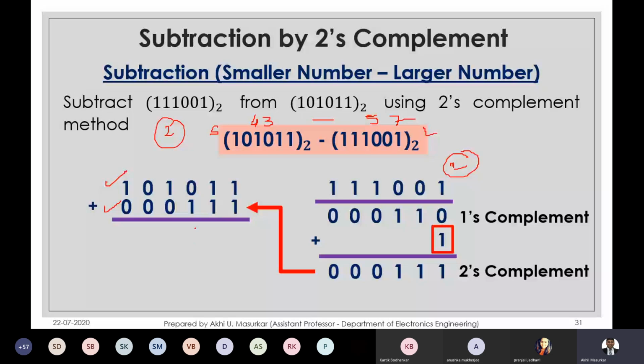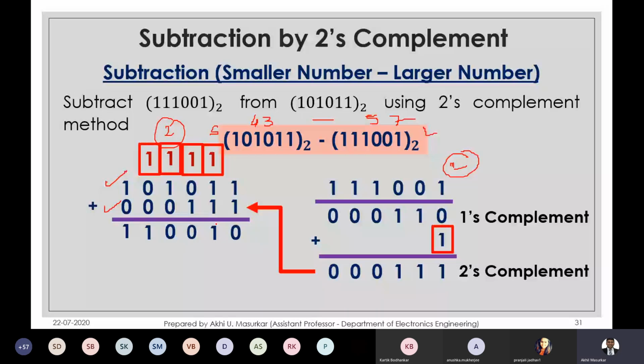The addition of the first two ones gives a sum of 0, which if I add with another 1, I get 1, but my carry also will be 1. Then 1 plus 1 is 0, carry 1. Again 1 plus 1 will be 0, carry 1. 1 plus 0 will be 1. And so the answer is going to be 110010.